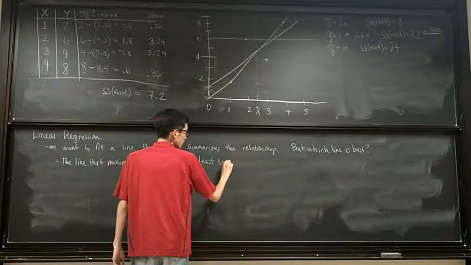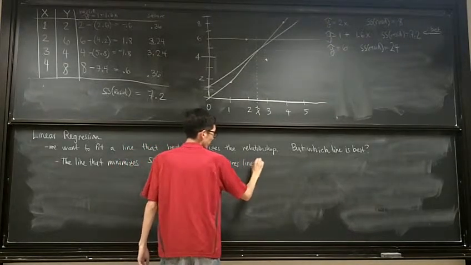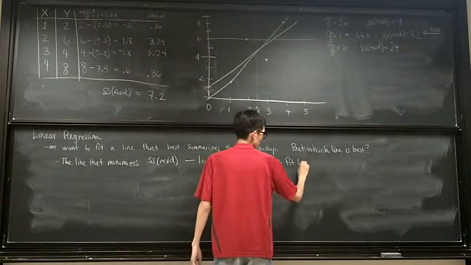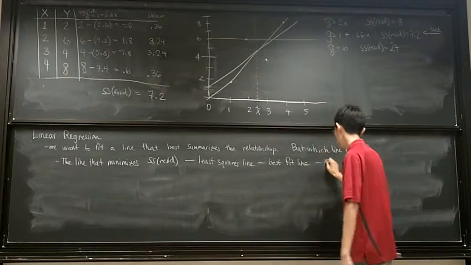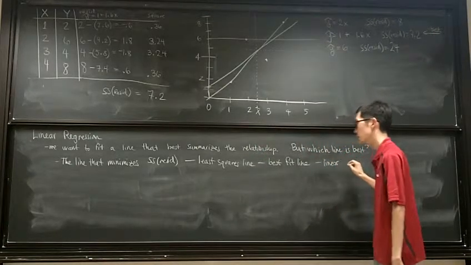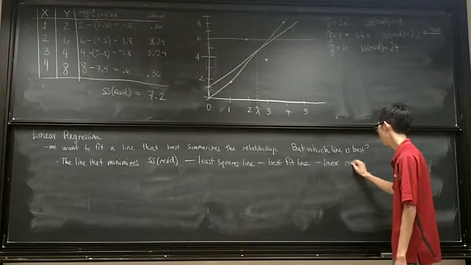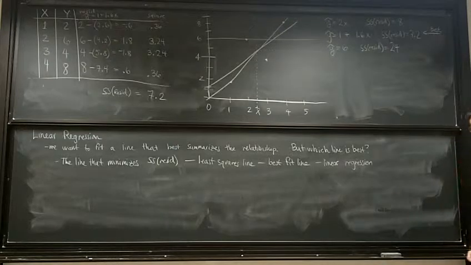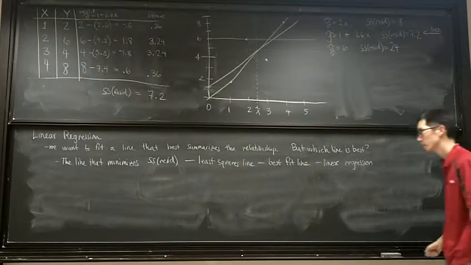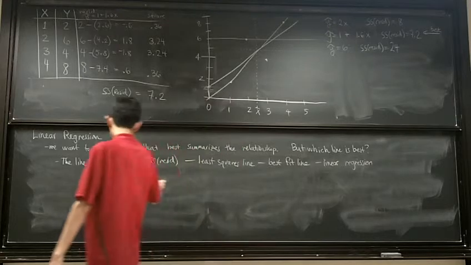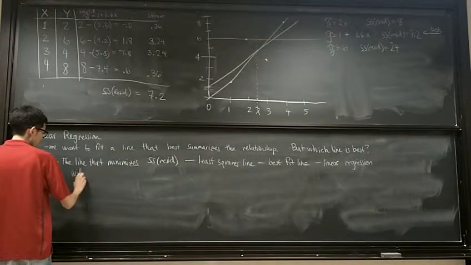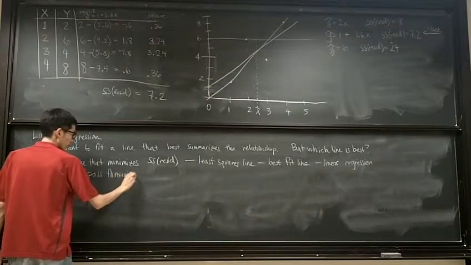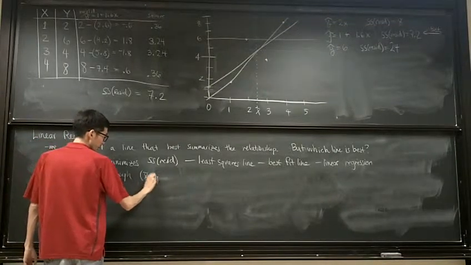Least squares line or best fit line, whatever you want to say, or also the linear regression line, because when you talk about linear regression, it's become synonymous with least squares regression. So the line that minimizes sum of squares residuals will always pass through the point x bar, y bar.